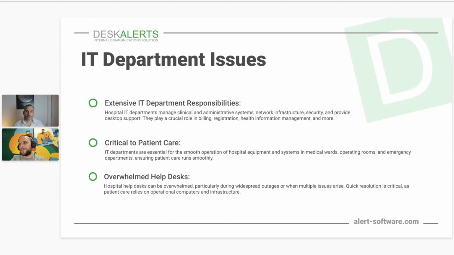This is the population, I say, of the healthcare companies which is most vulnerable to poor communications. Because in case of the failure of some communication system or another IT system, people start complaining. They start actually attacking the help desks.